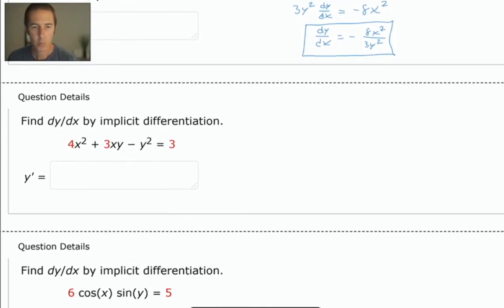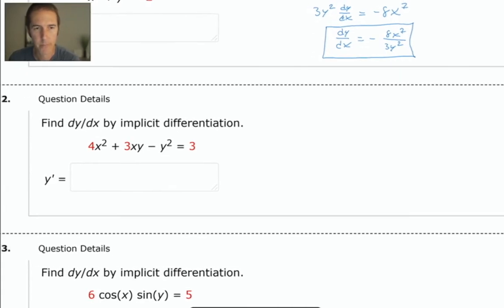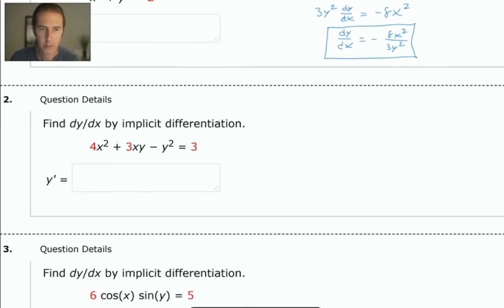So let's do this one. Well, should we do this one? I feel like we should do one that's even more difficult. I'm going to leave you to do number 2. And just remember that you need to use the product rule in here.